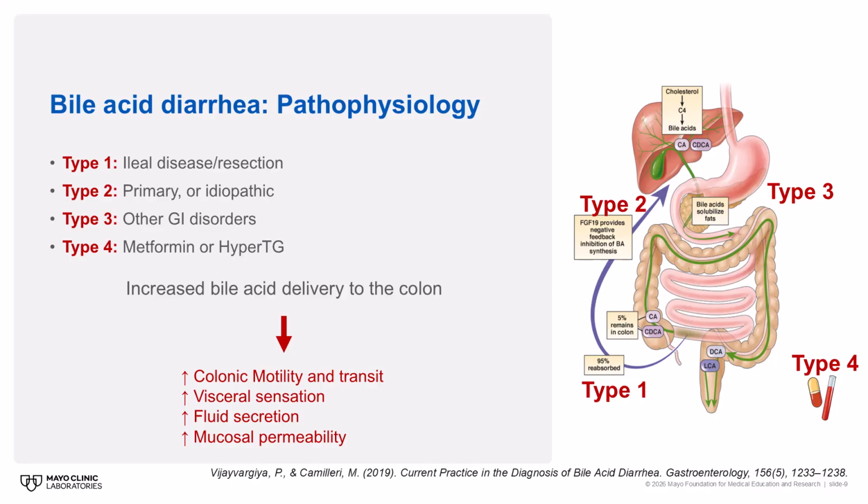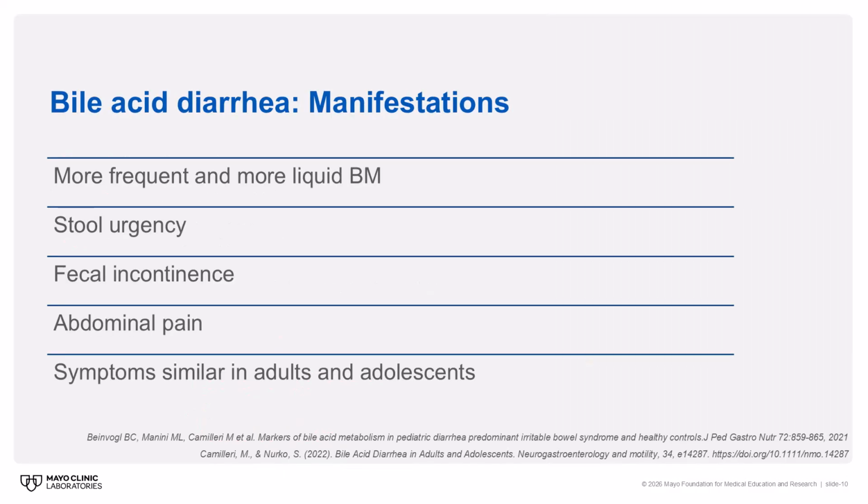The pathophysiology that leads to bile acid malabsorption can be from a variety of different sources, such as primary reasons, secondary reasons, other GI disorders, and even medication-induced inhibition of reabsorption, all resulting in increased bile acid delivery to the colon, which causes increased colonic motility and transit, increased visceral sensation, increased fluid secretion, and increased mucosal permeability.